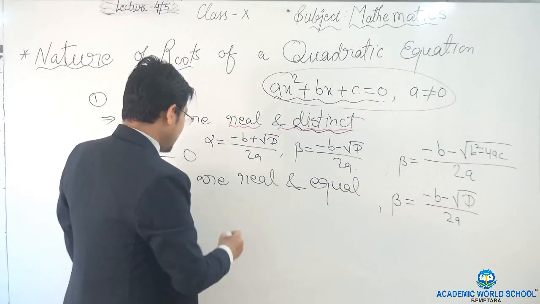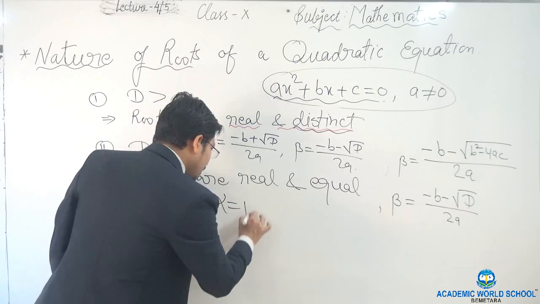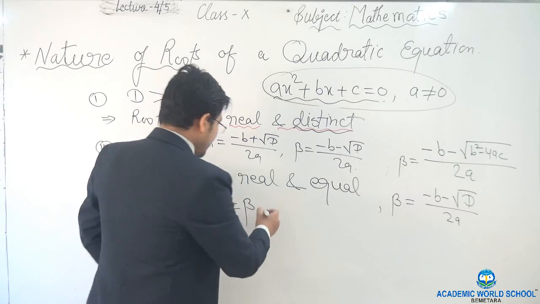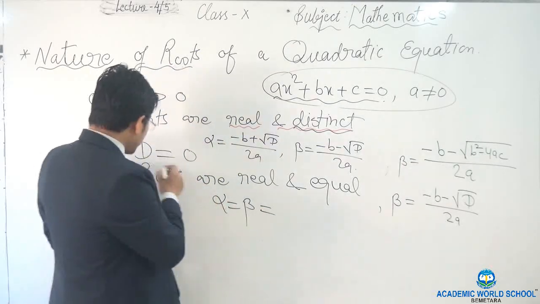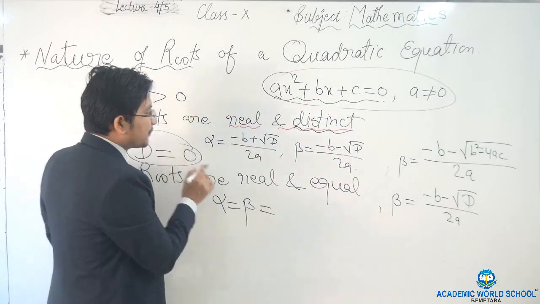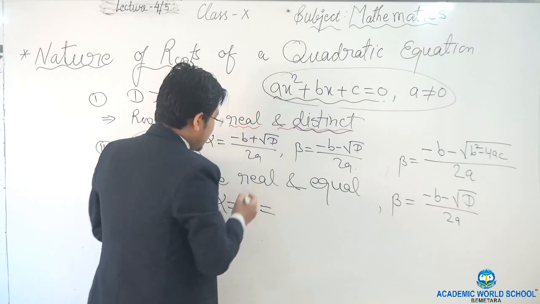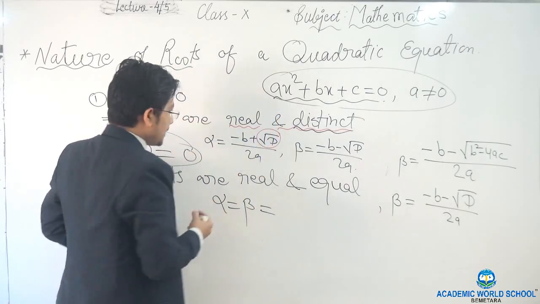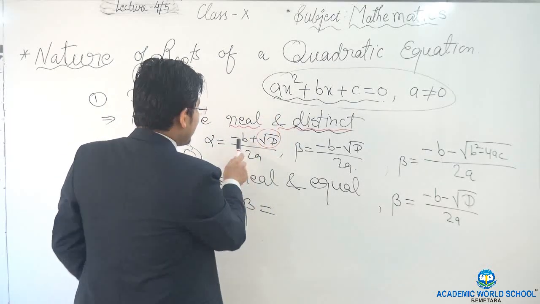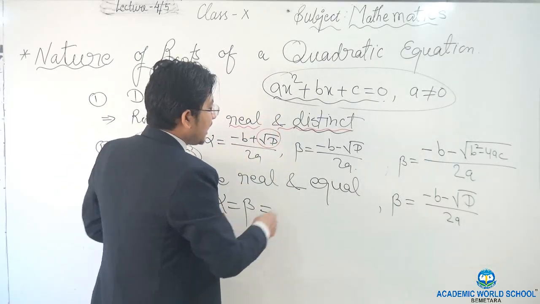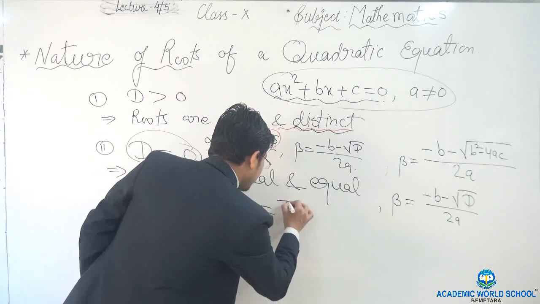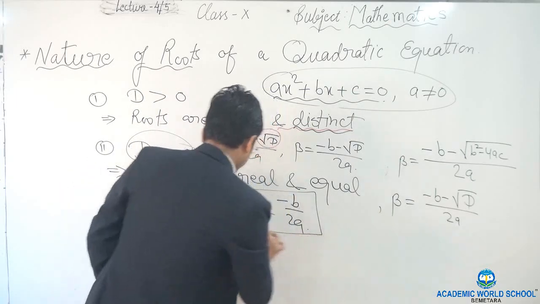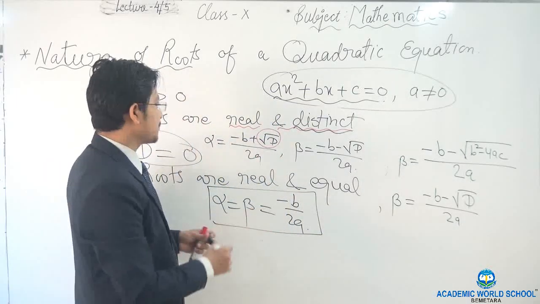Real and equal means alpha and beta will be the same. If D is equal to 0, this term will become 0. So now alpha will be minus b upon 2a, and beta again will be minus b upon 2a. So alpha and beta both will be equal to minus b upon 2a.